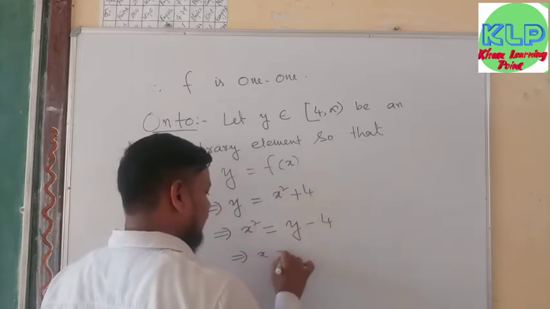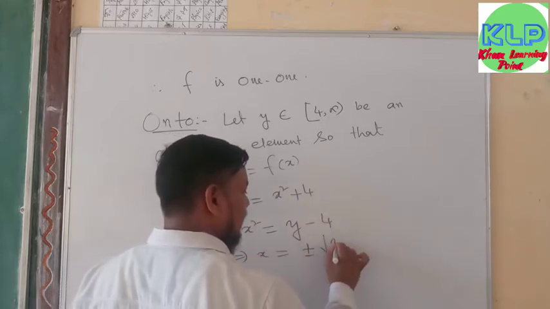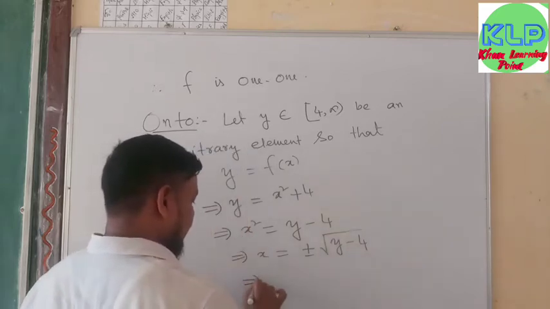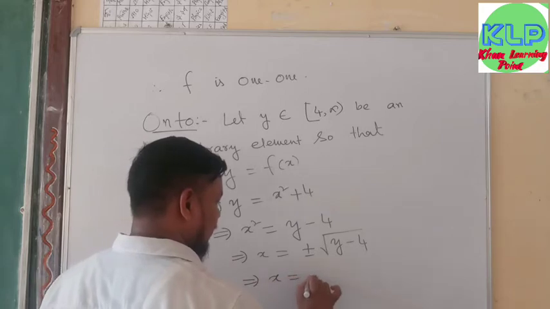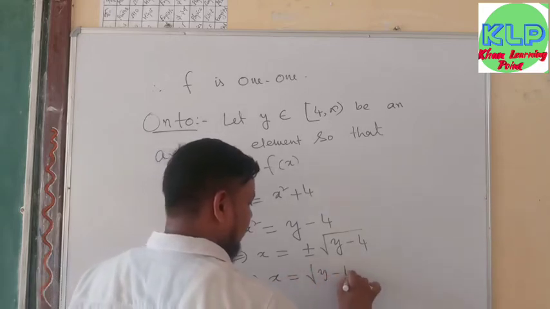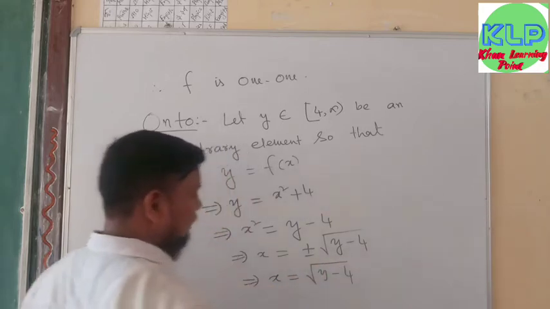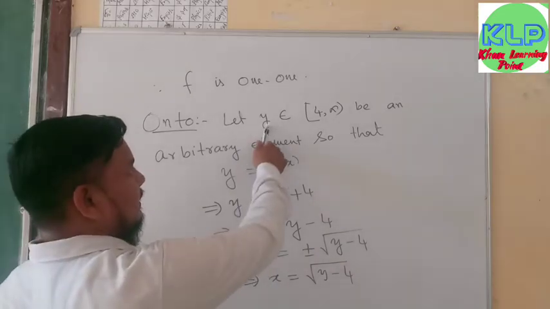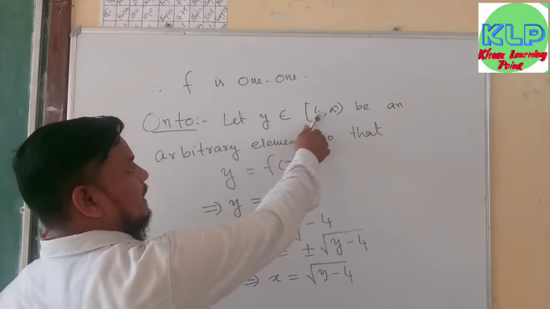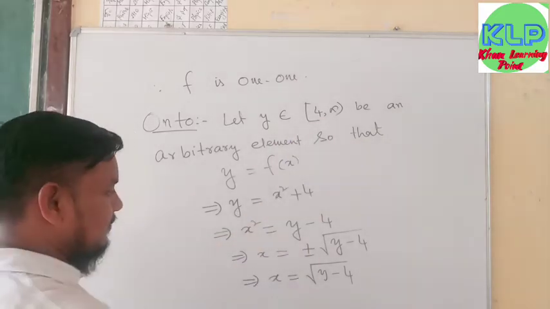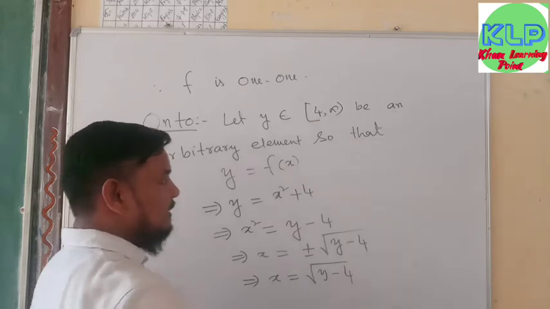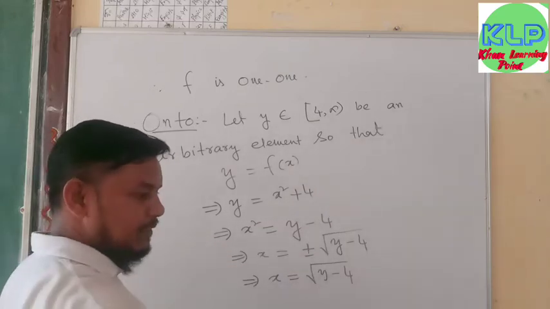Hence, x is equal to plus minus root over y minus 4. Therefore, x is equal to root over y minus 4. Since the value of y is what? 4 से लेकर इन्फिनिटी तक, अगर इसमें हम लोग 4 भी पुट करेंगे द वैल्यू विल बी 0. अगर 4 से ज़्यादा पुट करके देखो 5 minus 4 दैट इज पॉजिटिव.